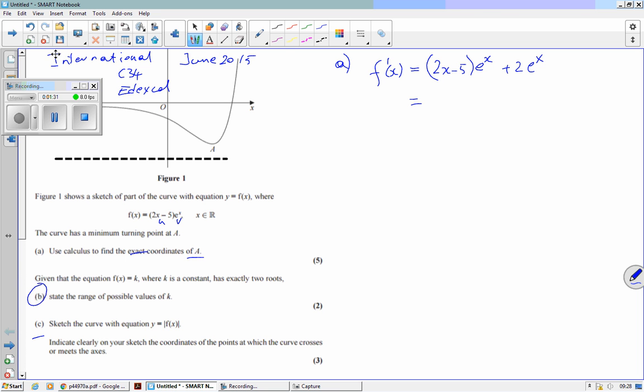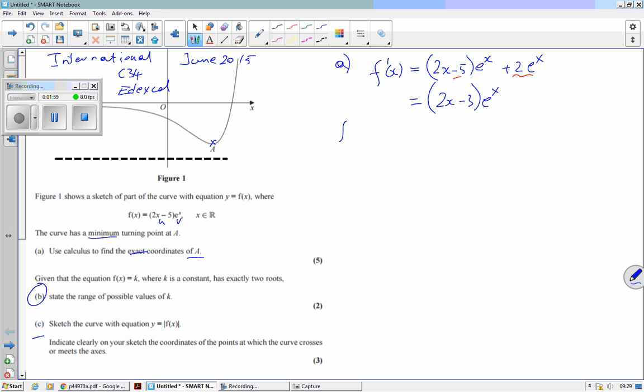Now rearranging that just becomes (2x − 3)e^x, because we've got 2 of them here, and the minus 5 and the 2 makes minus 3. Nice and easy.